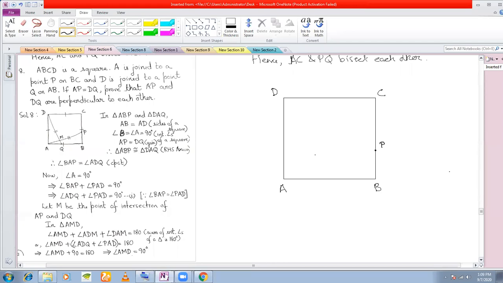Let us take another point Q on AB. And you join them. So you join this point P with A, and you join this point Q with D.